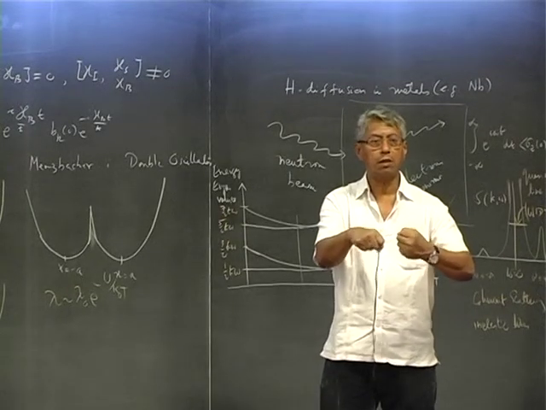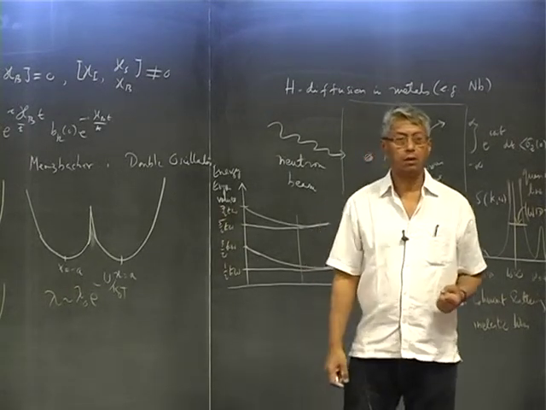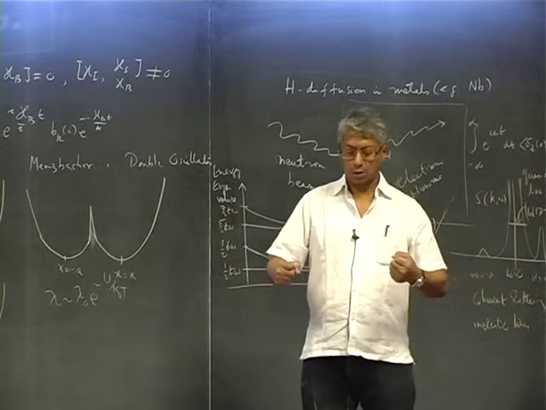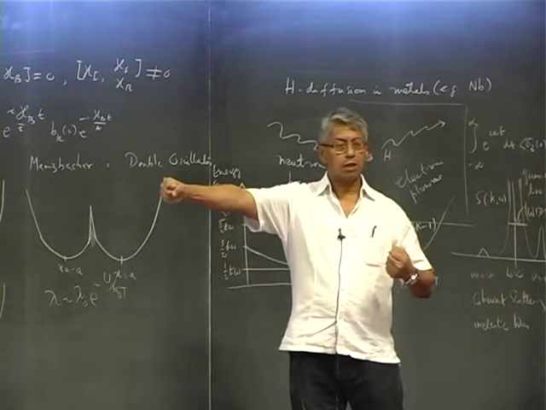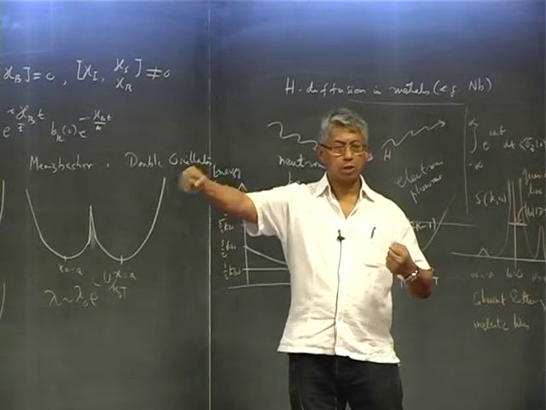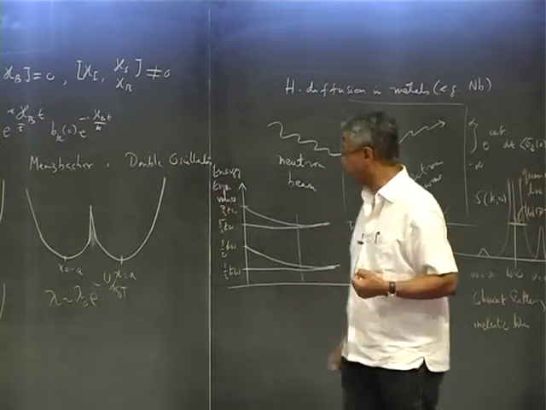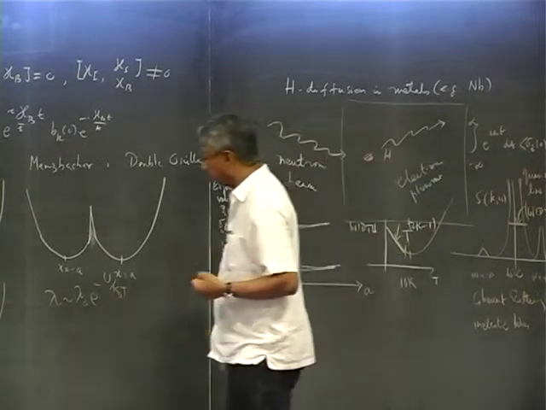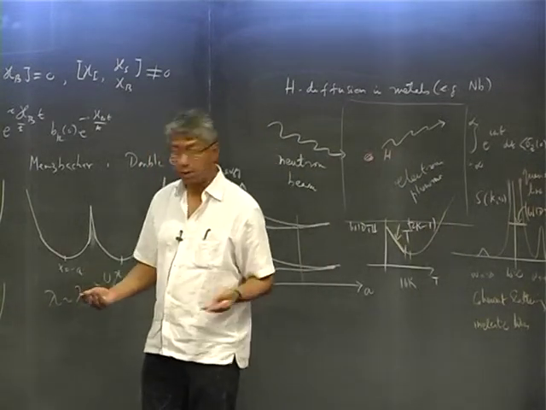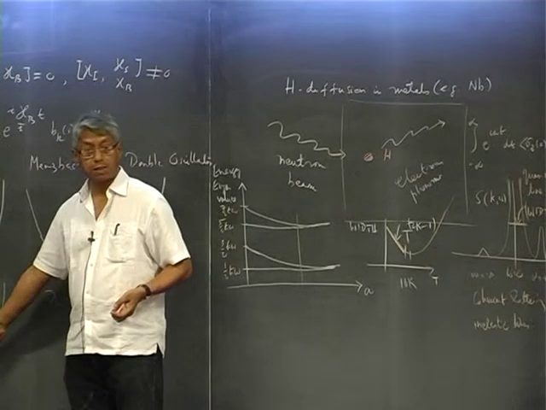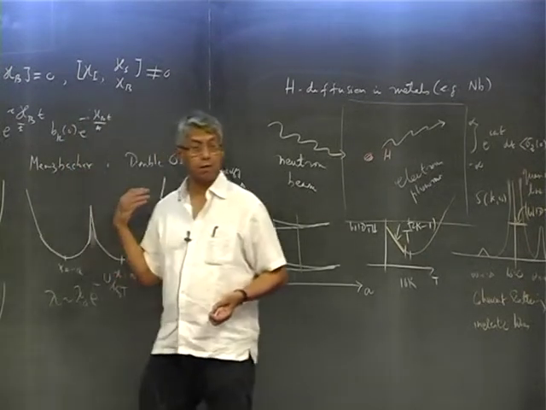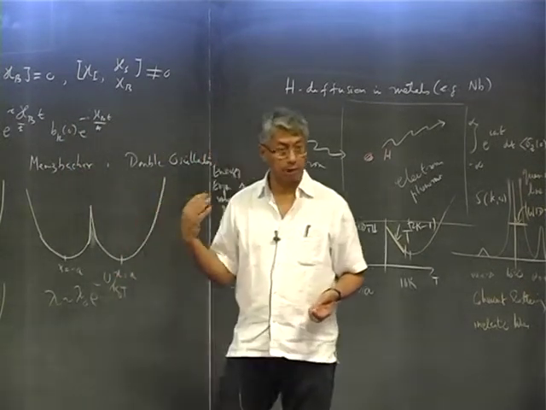It creates an elastic kind of a dipole, and these elastic distortions can travel very long range, and so between two hydrogen atoms there are elastic interactions which can actually make the double well asymmetric. So in some parts of the crystal you'll have asymmetry such that the left well is deeper. In some other parts of the crystal the right well will be deeper, and you'll have to average over all of them.